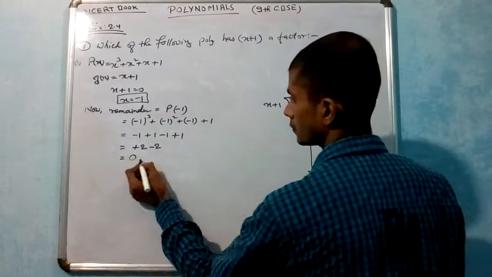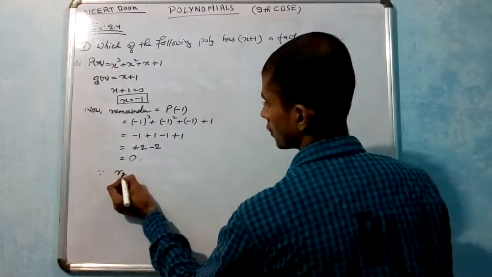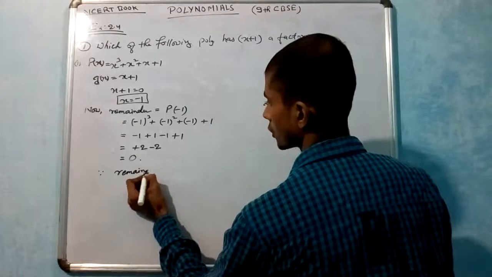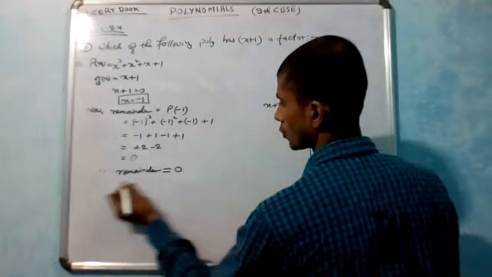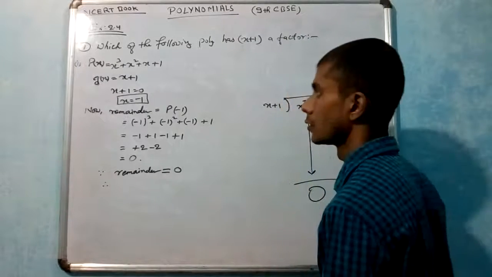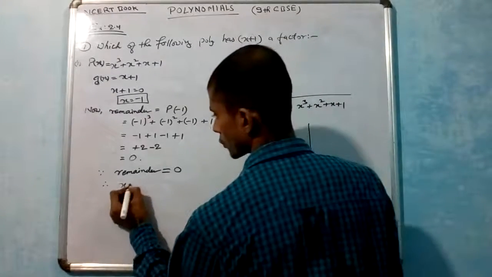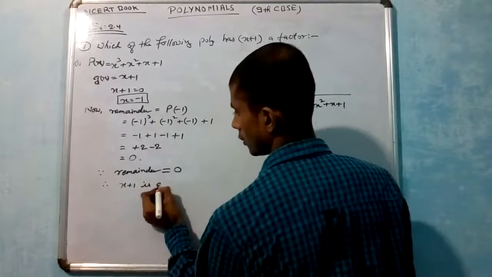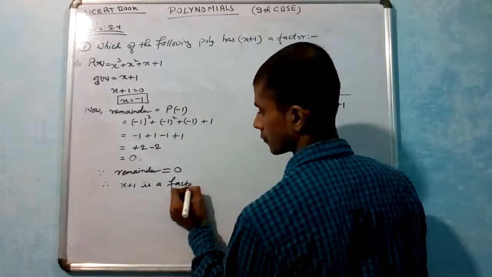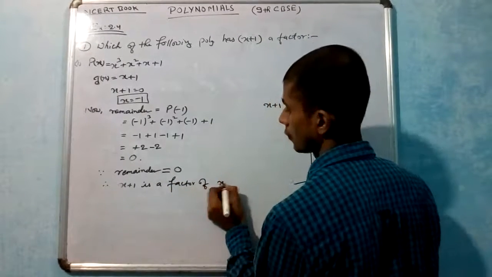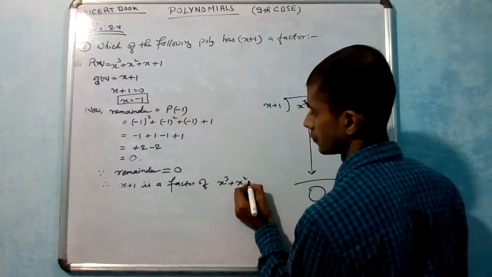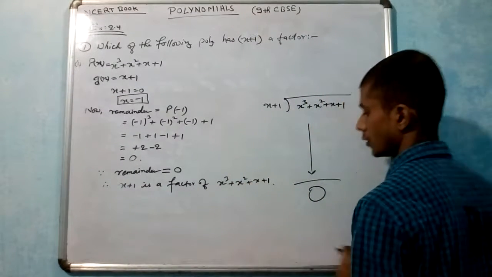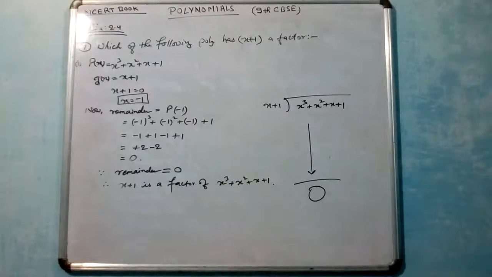So since the remainder is equal to how much? 0, therefore x plus 1 is a factor of p(x). Done. Okay, understood?